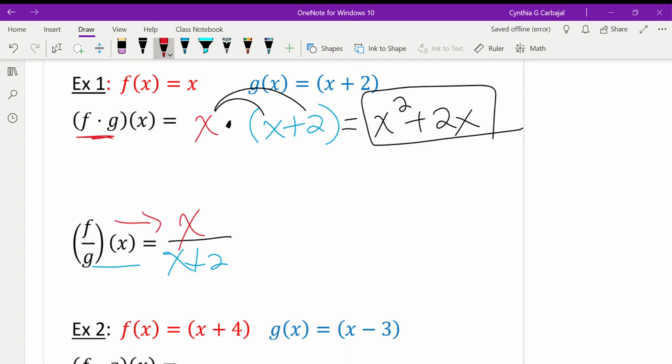Now, I cannot simplify this any further, so that's my answer. But I do have a restriction. x cannot equal a number. Well, remember, I cannot have a 0 in my denominator, the bottom. So when I look at this, what value of x would make the whole bottom, or the denominator, go to 0 or become 0? Anybody?